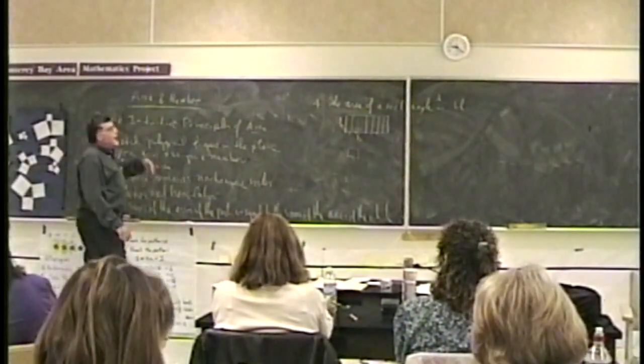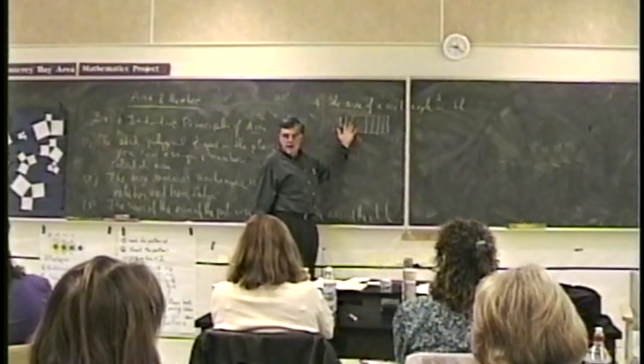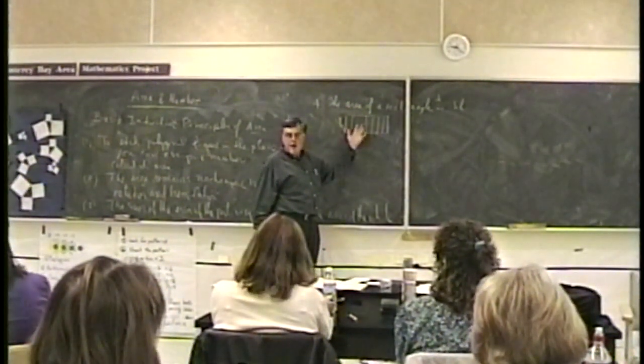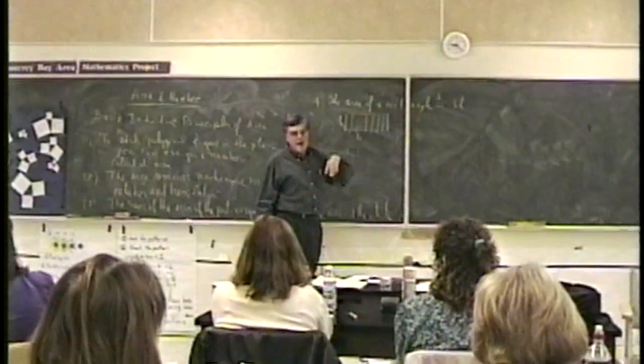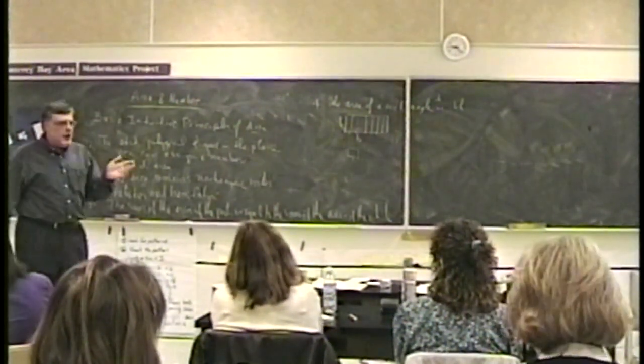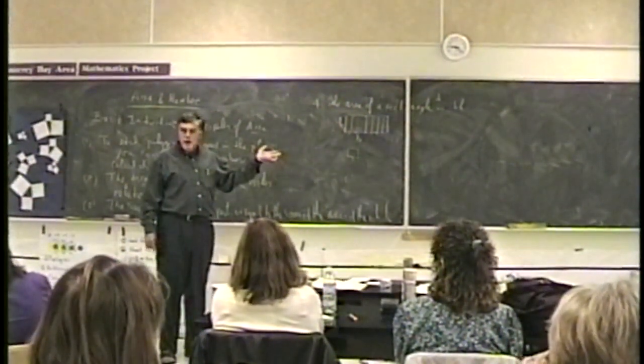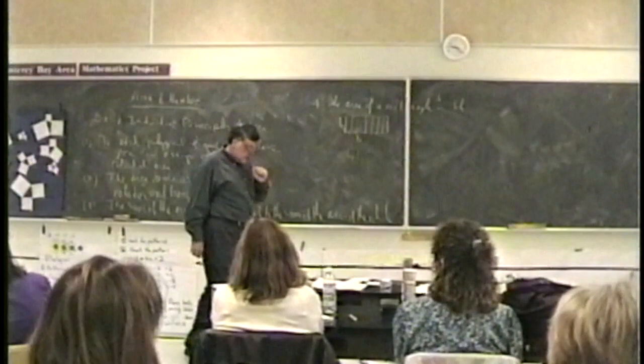So therefore, the area of the whole rectangle has to be the sum, which is bh of them, so it has to be b times h. So from very basic principles, it's clear that this ought to be the definition, and you just take it to be a definition. That's how you assign area to a rectangle.